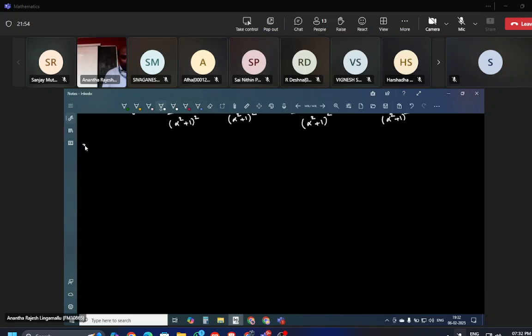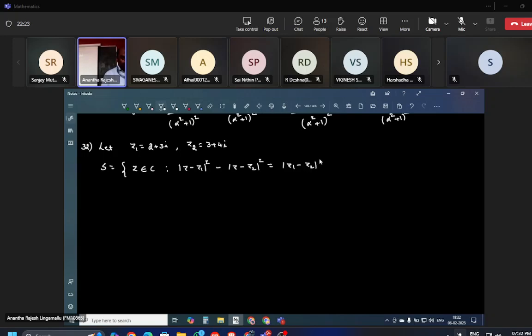32. Let Z1 is equal to 2 plus 3i, Z2 is equal to 3 plus 4i. The set S is equal to all complex numbers Z such that mod Z minus Z1 square minus mod Z minus Z2 square is equal to mod Z1 minus Z2 square. Represents what?